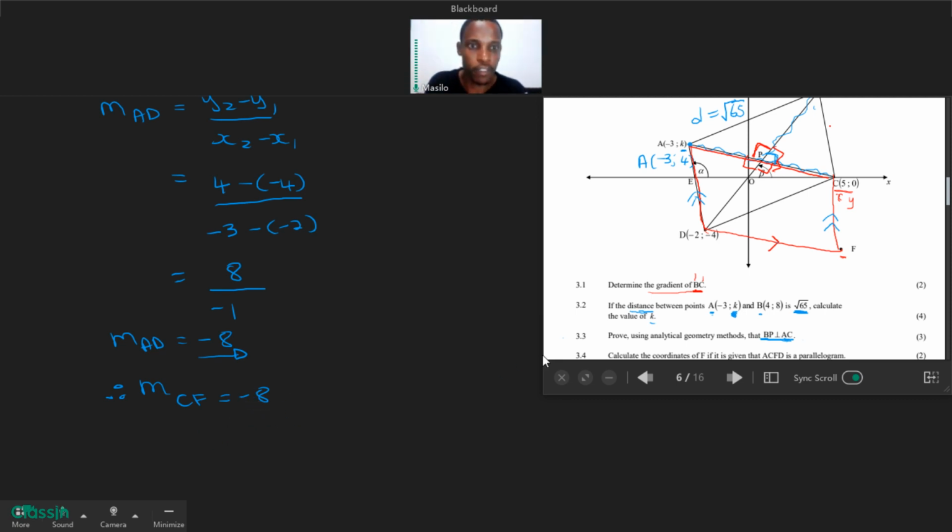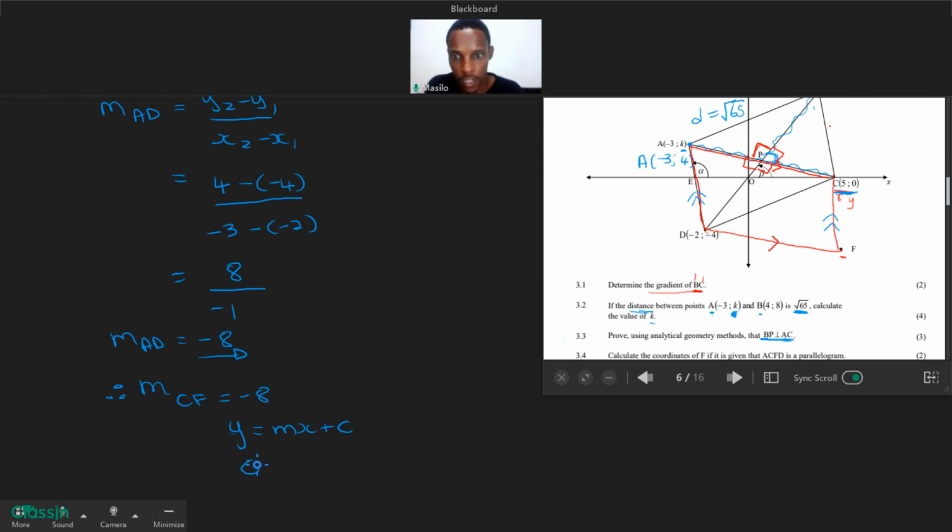Because we know the gradient of this, we can actually find the equation of this line, because we need the gradient and one point in order to find the equation of this line. So if we say y equals mx plus c, then we take this point because it's on this line.